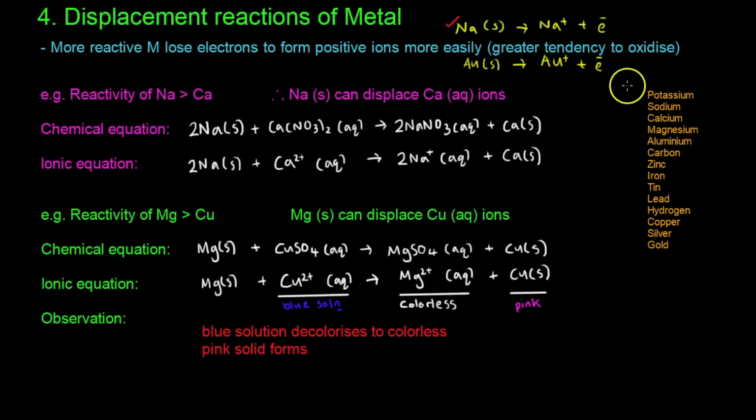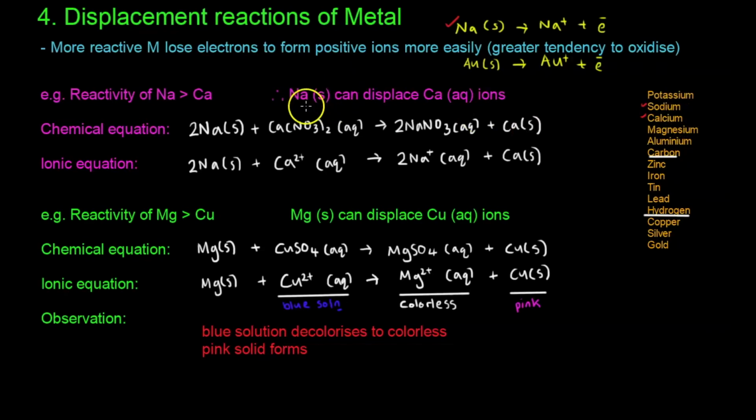This is also based on the reactivity table. As usual, we will just ignore carbon, hydrogen and tin. Tin, we leave it there, but we don't have to know the reactions. So let's take a look. For example, the reactivity of sodium is better than calcium, because sodium is higher than calcium.